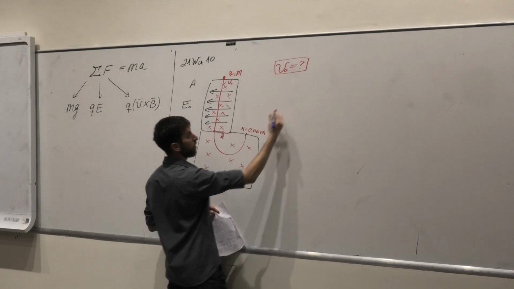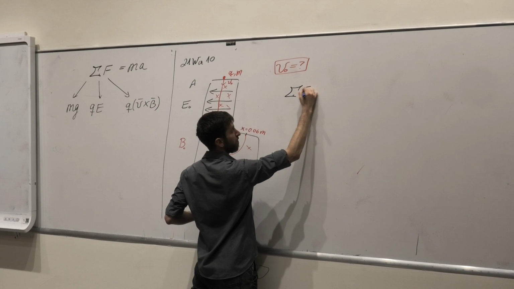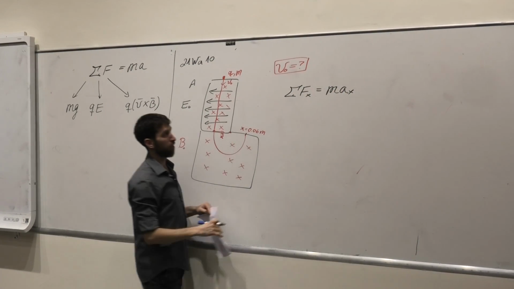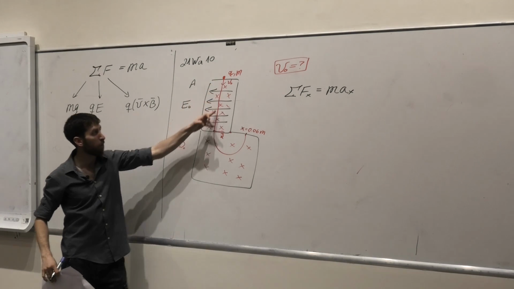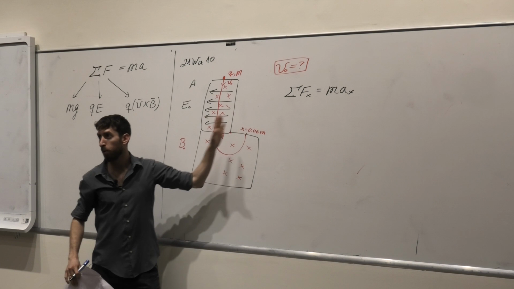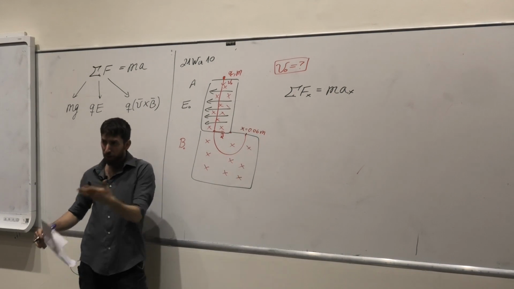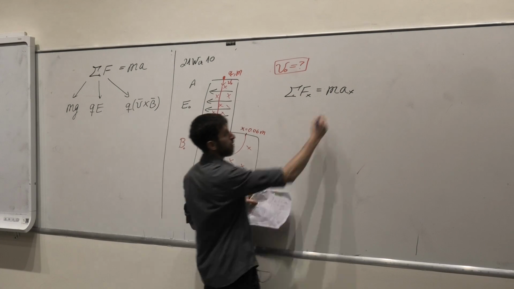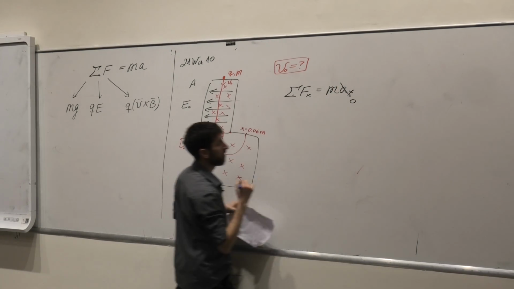So at the first region, I know that sigma Fx equals m ax. If I see that the particle goes in a straight line, what is the velocity in that direction? Probably 0. And if the velocity is 0, the acceleration is probably also 0. So this term is really a piece of cake, 0.